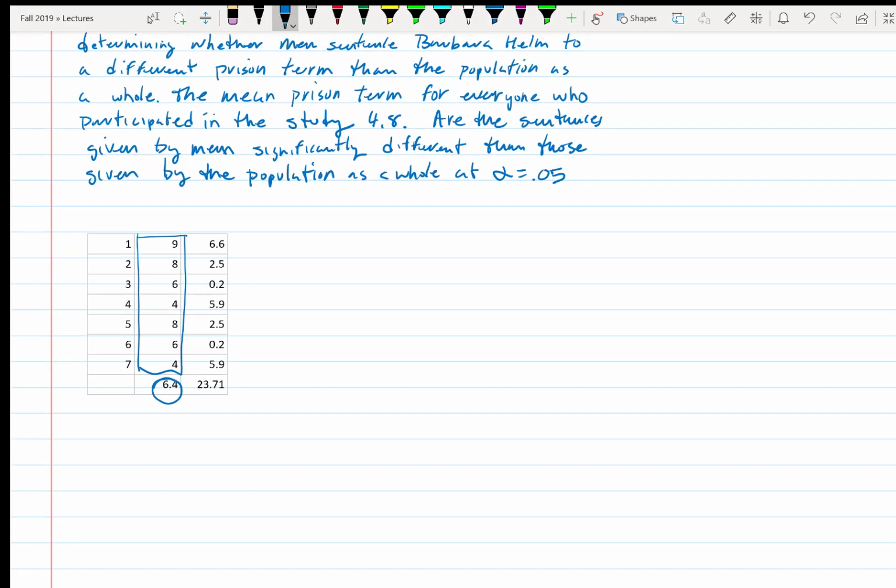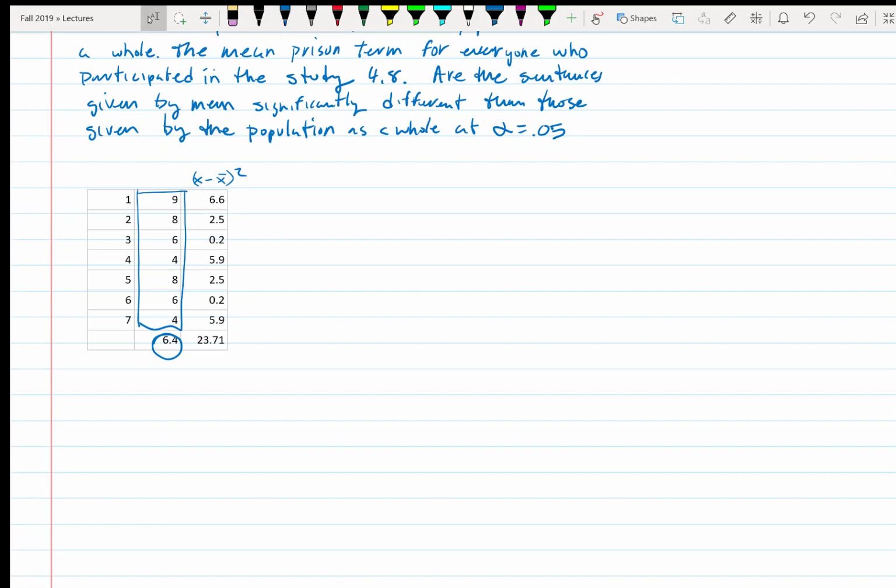We're using this column over here to calculate our sum of squares. Of course, to get a sum of squares, we simply take each individual observation and subtract the mean, square the difference, and that's how we get all of these over here. And we have a sum of squares of 23.71.